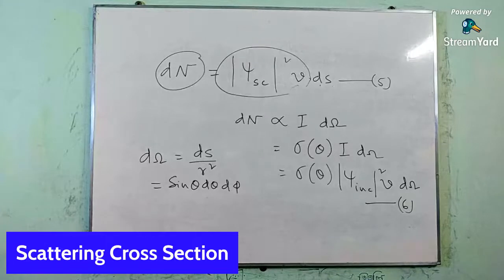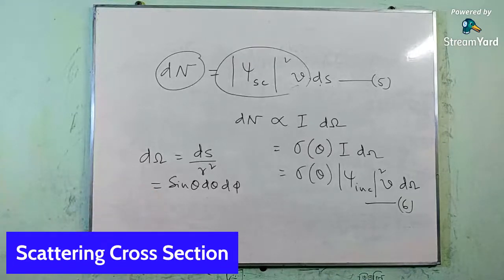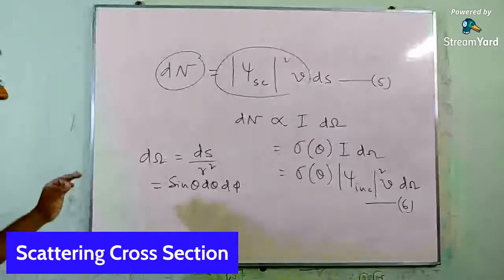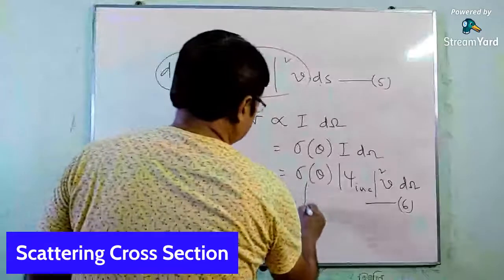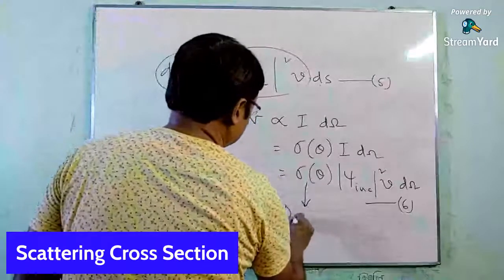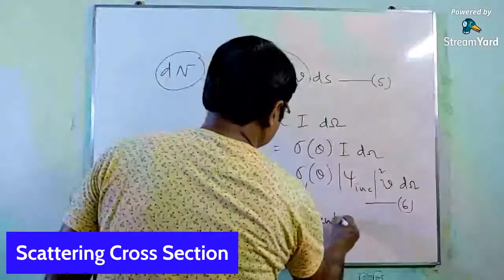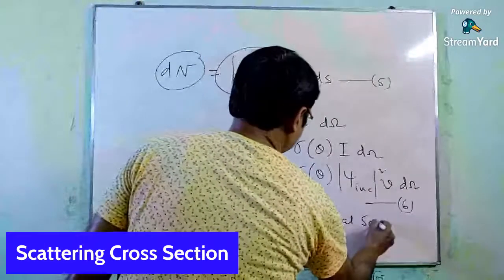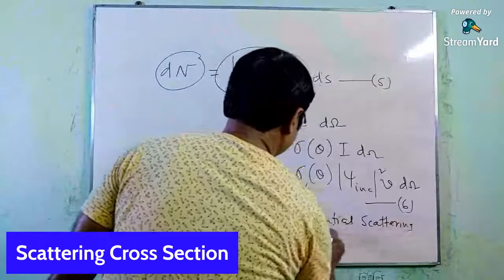Sigma theta has dimensions of area, and it is called the differential scattering cross section.